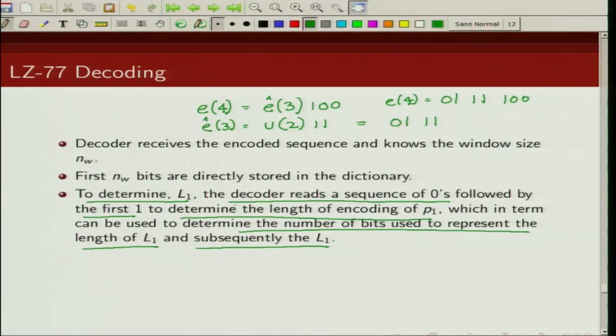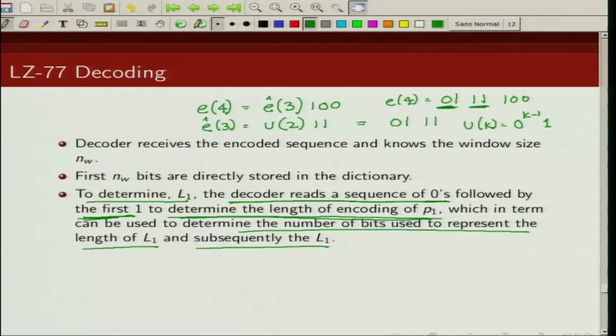That's what I'm saying. The decoder first reads the sequence of zeros, followed by the first one, to determine the length of encoding of P1. There's only a single run of zeros, so the length of encoding of P1 is going to be 2, because U of k was 0 to the k minus 1, followed by 1. So in this example the length of encoding of P1 is 2.